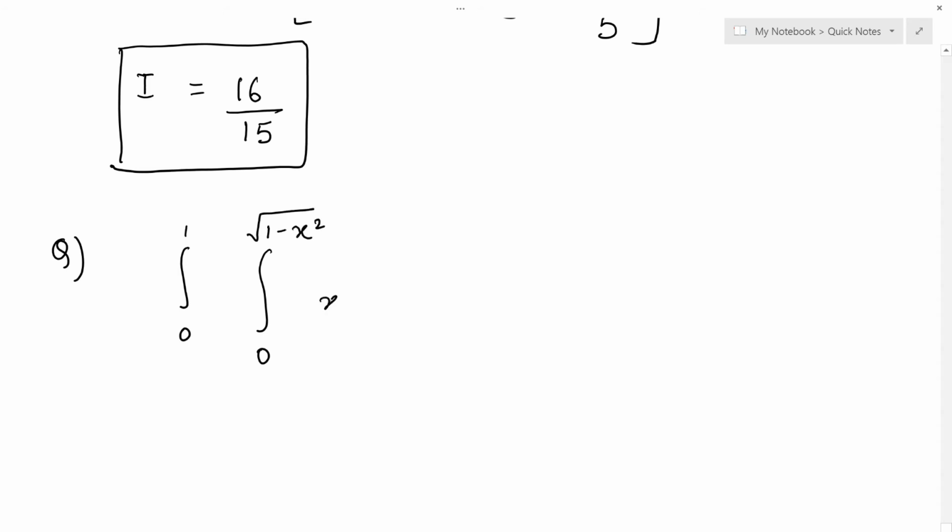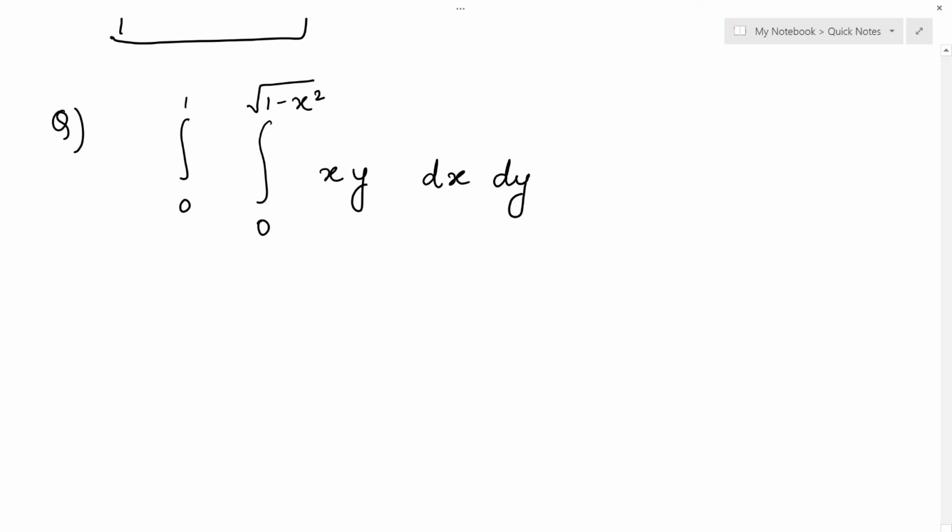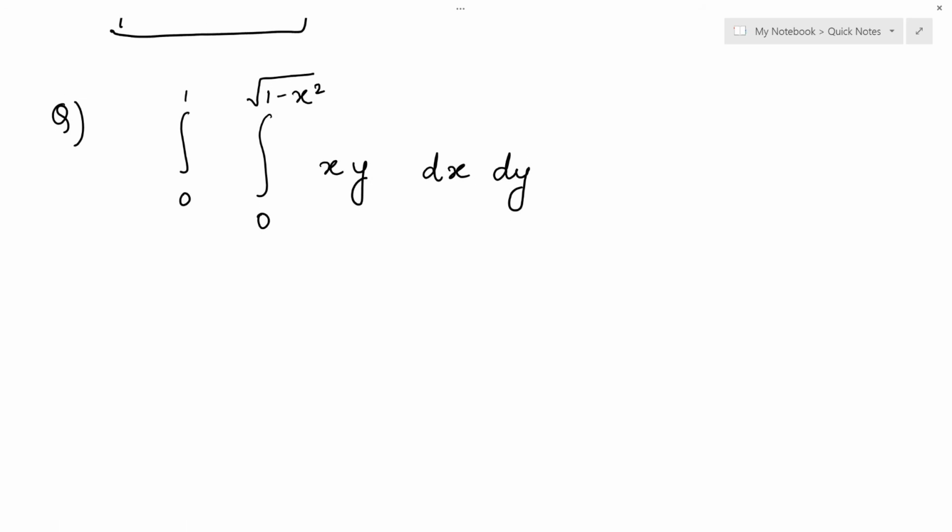Let us take the next sum. The sum is integration 0 to 1 and integration 0 to under root of 1 minus x square, xy dx dy. Now again, as we know, what did we do? We looked at the inner limits.